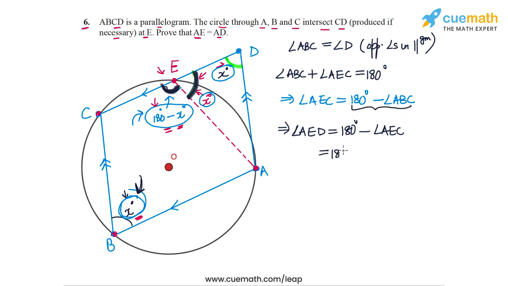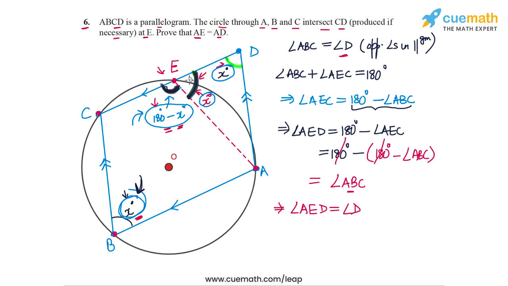So we have 180 degrees minus, instead of AEC, I can write 180 minus angle ABC. So this gives me, 180 cancels out, and we'll be left with angle ABC. And finally, angle ABC is equal to angle D. So from the last step, I have angle AED is equal to angle D.